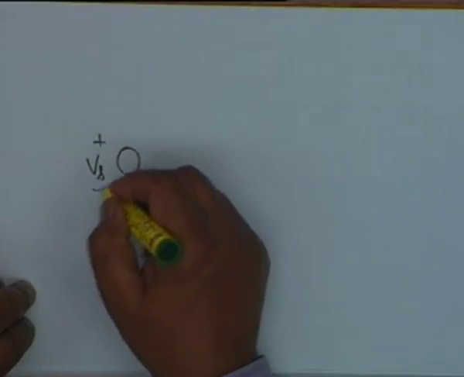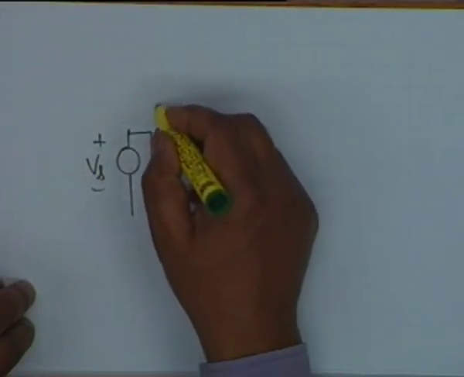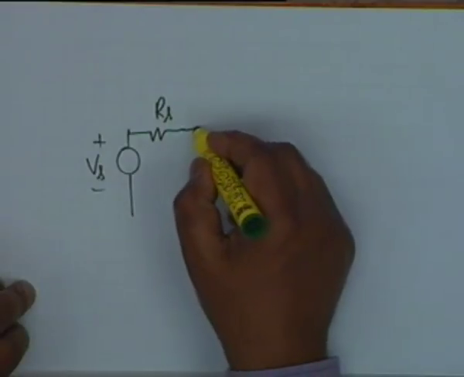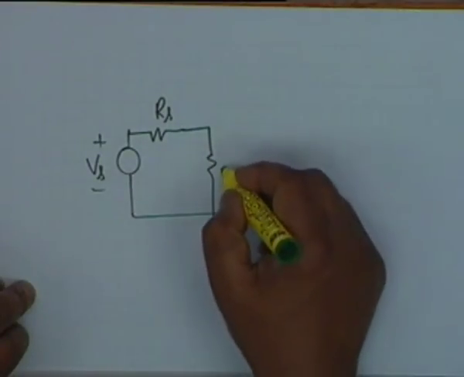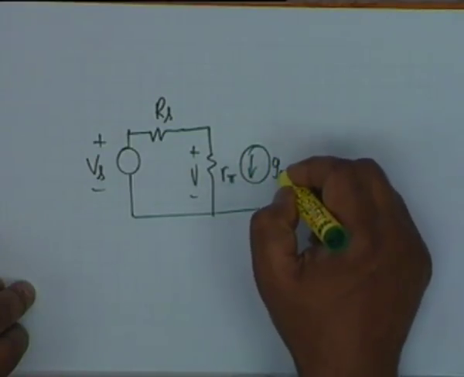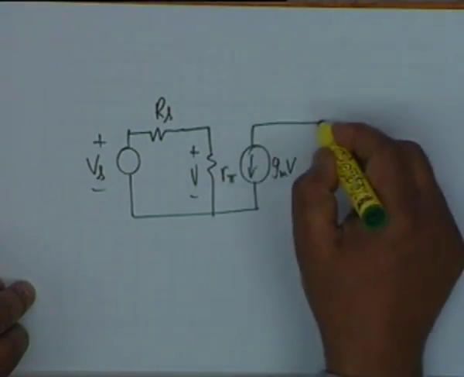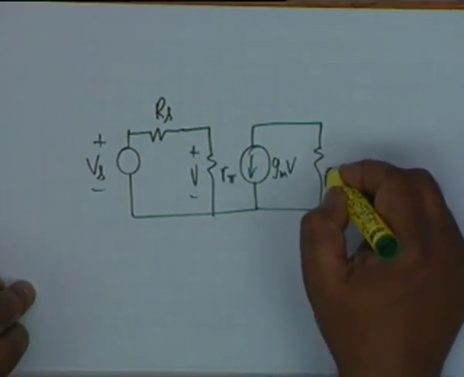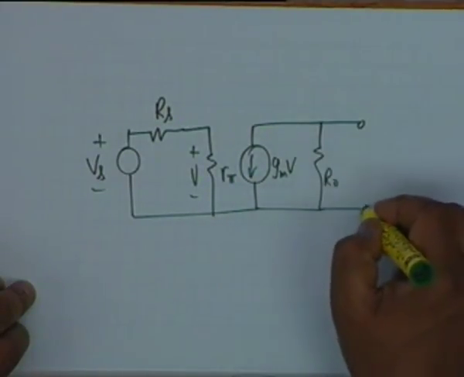We have a Vs, Rs is the source resistance, then we have R pi, this voltage is V, then we have GMV, and simply R0, this is equal to V0.